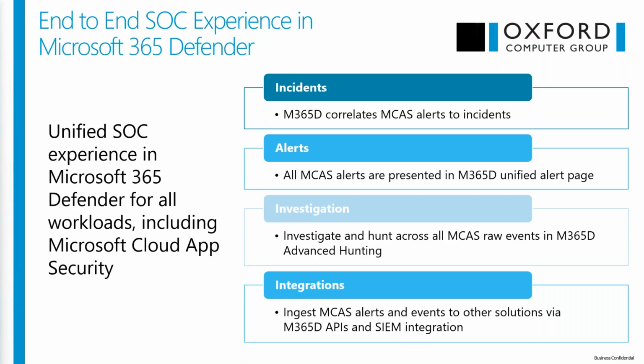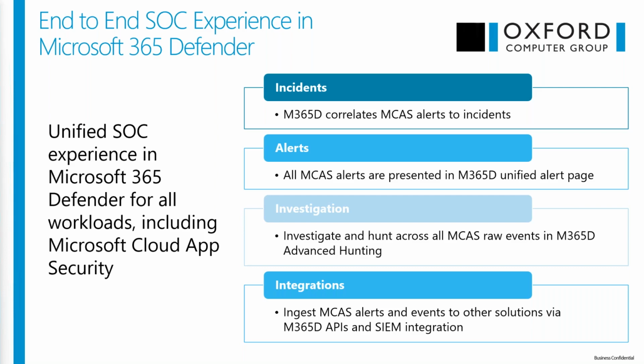The benefit of that, of course, is you get a unified SOC experience for M365 Defender for all workloads. Now, this is assuming, for those listening, that you have Microsoft 365, that's an E5 license, and so you do have all the capabilities. You have Defender for Office 365.